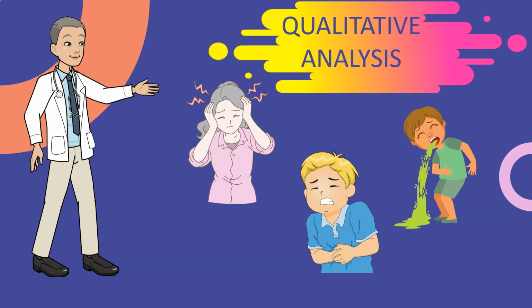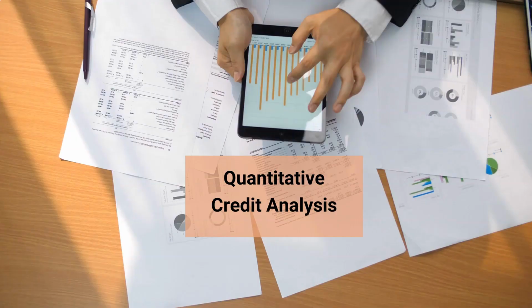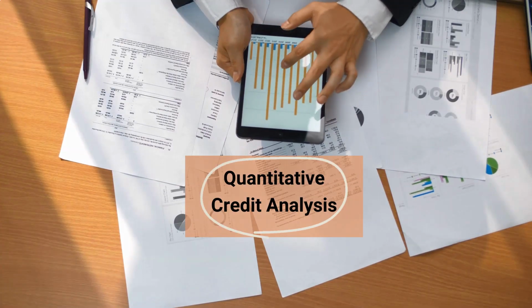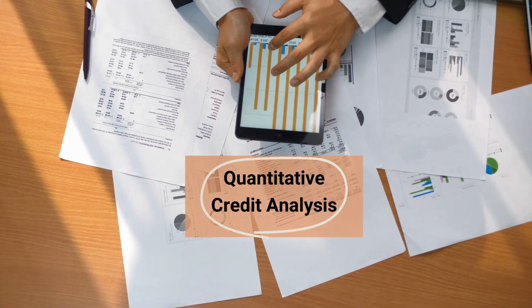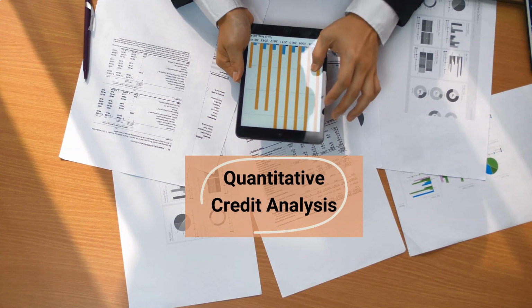While both the analyses have their own importance in case of treatment of patients, the same concept applies to credit as well. And here we all are playing the role of credit doctor. Quantitative analysis in case of credit means classification or regrouping of financial data as per norms set by your bank.